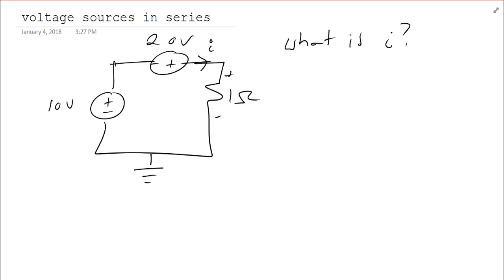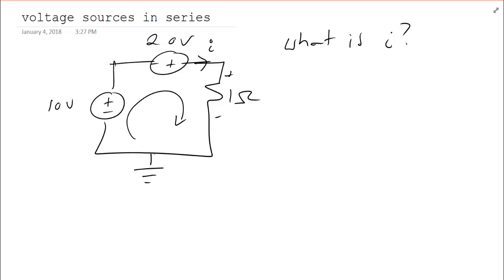In order to answer that, though, I need to use KVL and Ohm's law. Let's use KVL and let's take a look at what happens to those voltage sources. First of all, I'm going in a loop this way. Notice that if I'm doing that, my two voltage sources are in series.